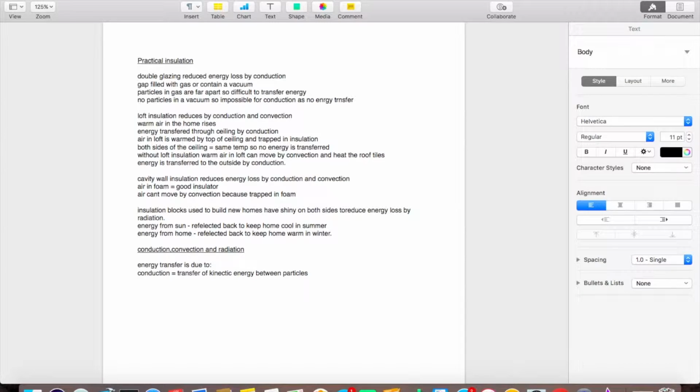Convection, where a gas expands when it's heated. This makes it less dense, so it rises.